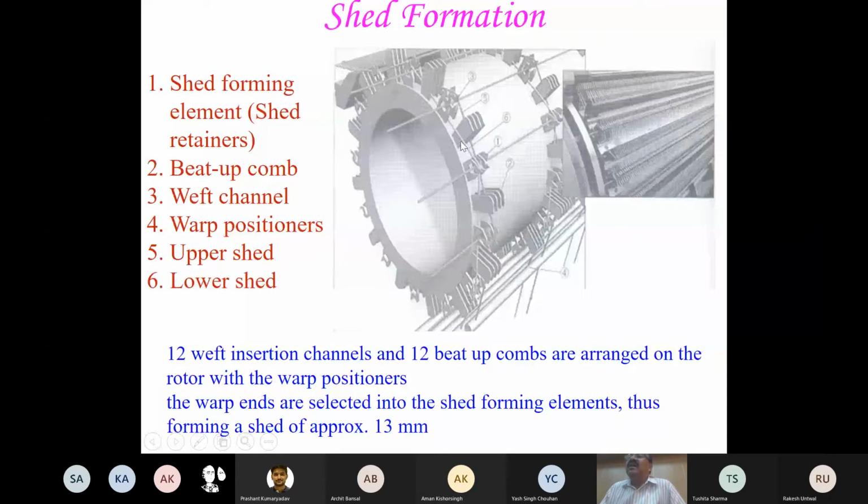Look from here to here. In this rotor plate you are looking at one plate here, another plate here. In between, there are so many plates. And as I said, each plate takes only 2 warp. That means if there are 1,000 plates here, you can accommodate only 2,000 warp ends, neither less nor more.